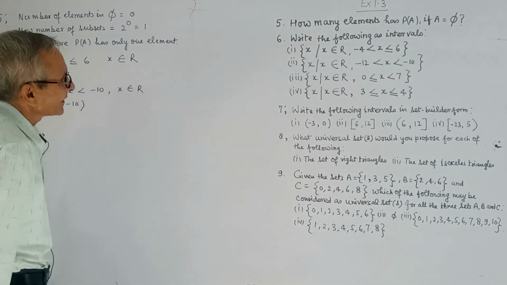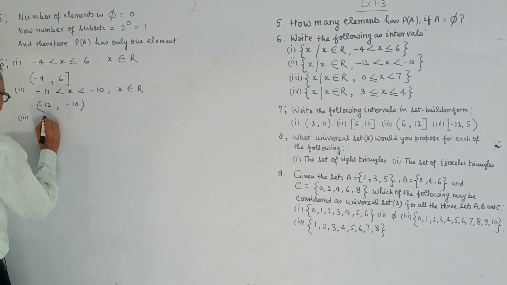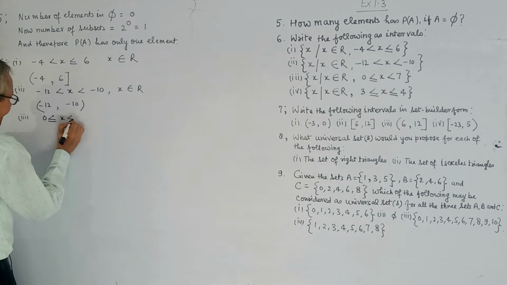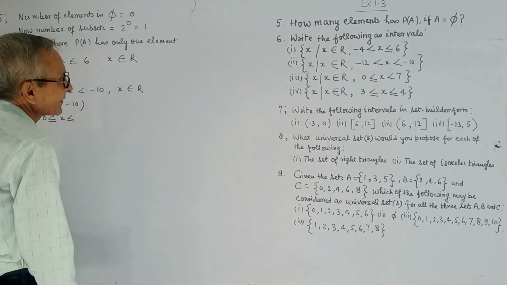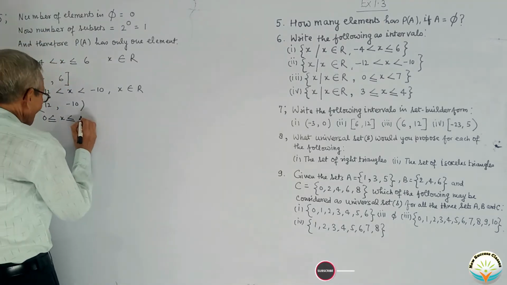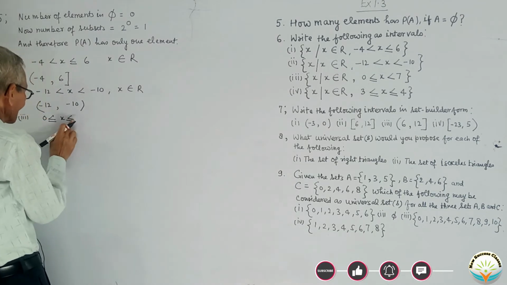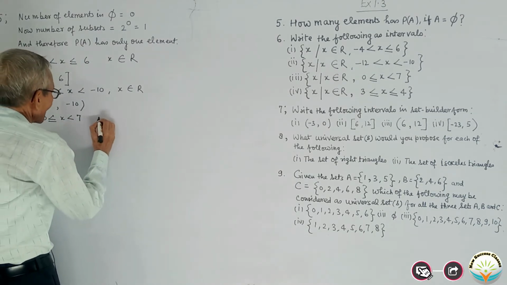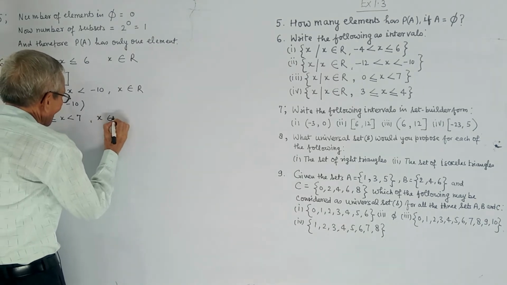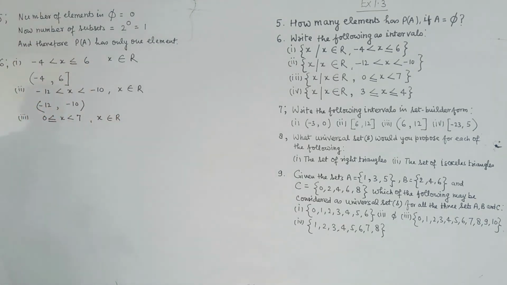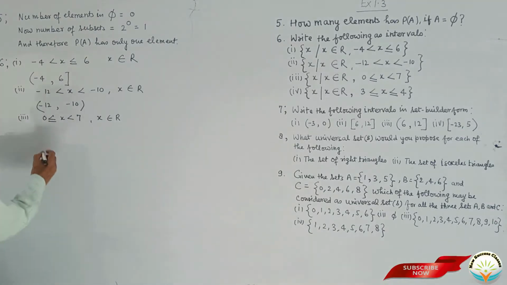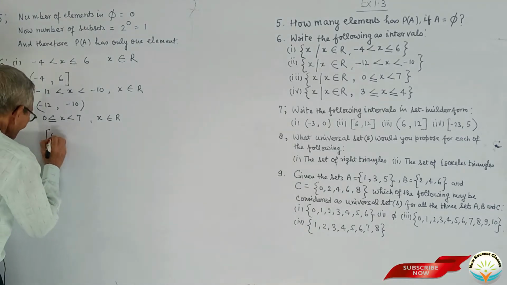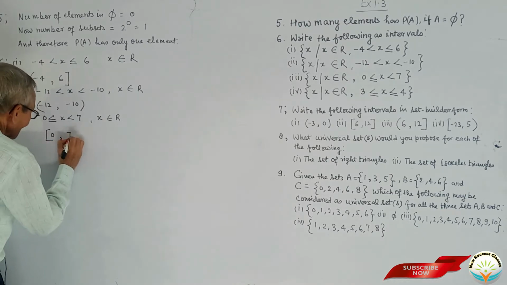Then third. Third is 0 is less than or equal to x is less than 7. Yes. X belongs to R. So 0 is less than x is less than 7. That means 0, 7.